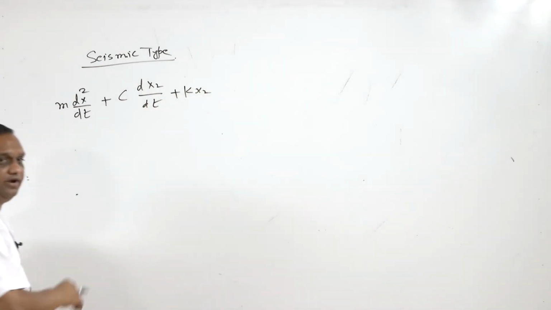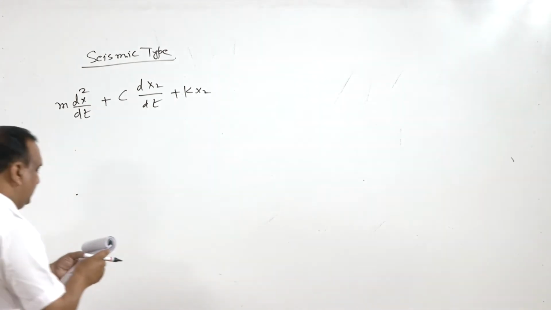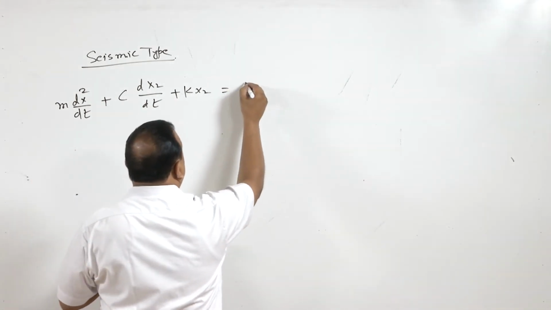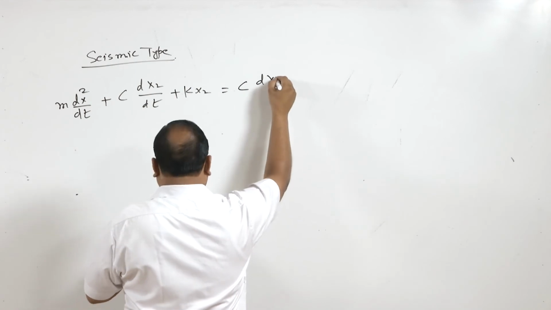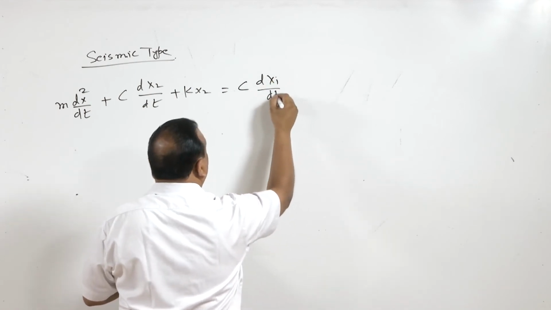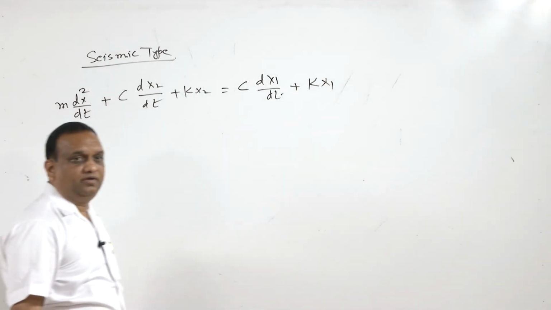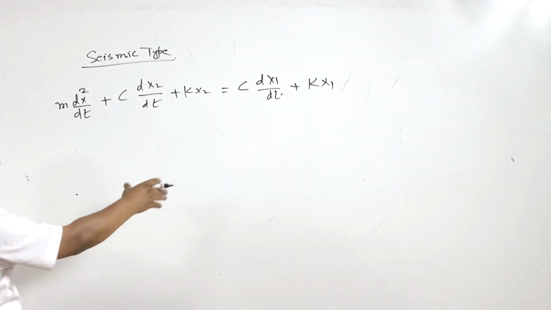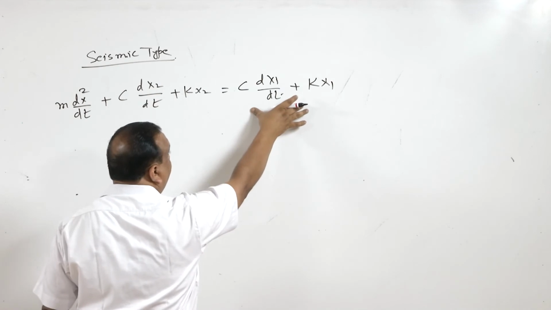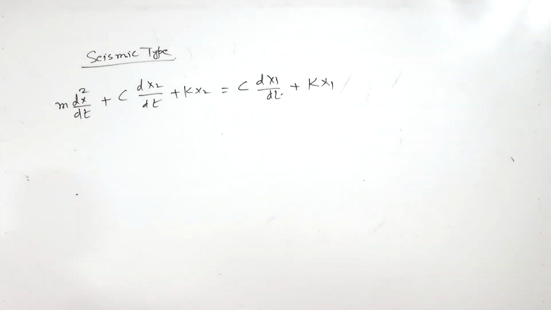This is the generalized equation for the vibration having a spring and a damper, and it is equal to c dx1 by dt plus k x1, right? So this is input, and this is output.